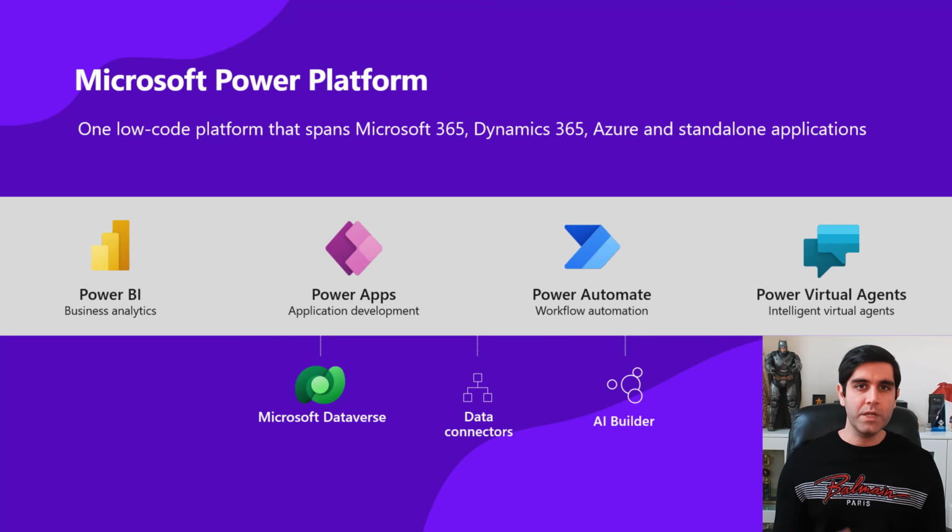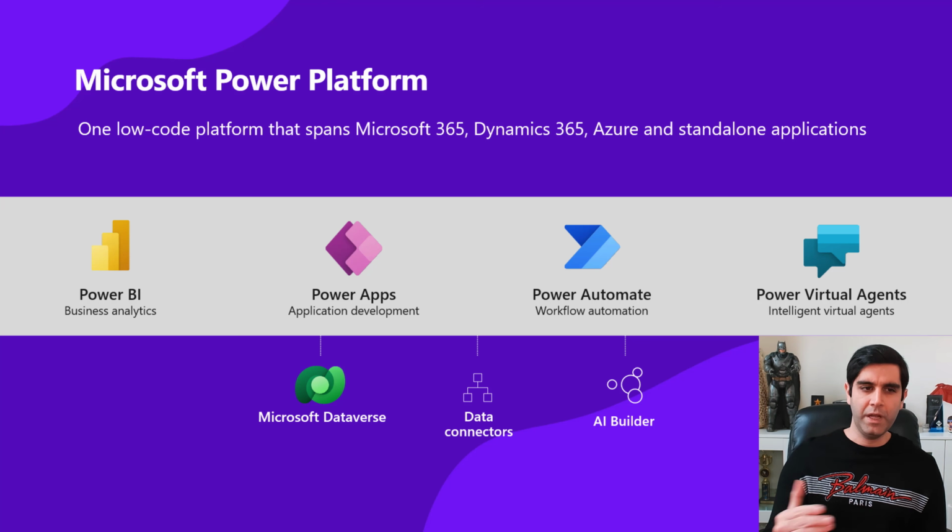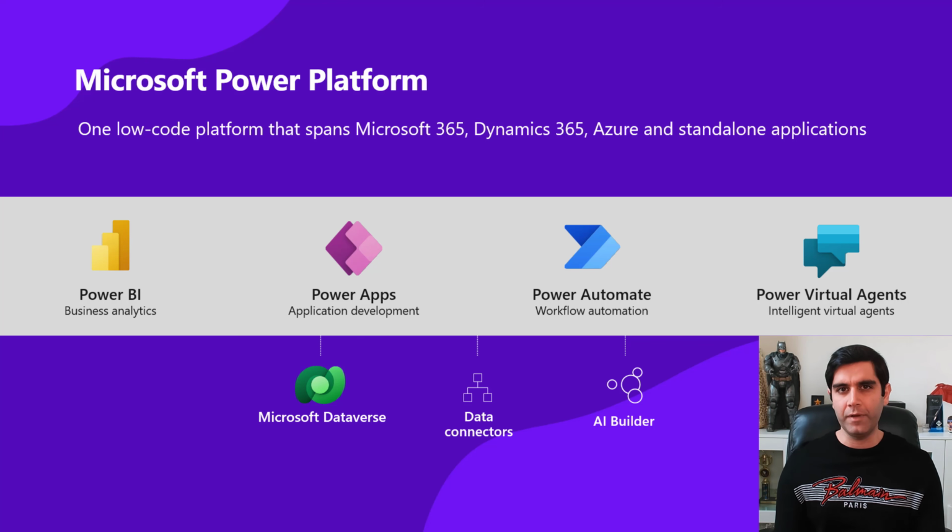The Power Platform is the one low-code platform that spans across Microsoft 365, Dynamics 365, Azure, and beyond. We have the four key pillars of this platform: Power Apps for app development, Power BI for visualizing or analyzing our data, Power Automate for workflow automation scenarios, and Power Virtual Agents for creating intelligent chatbots.